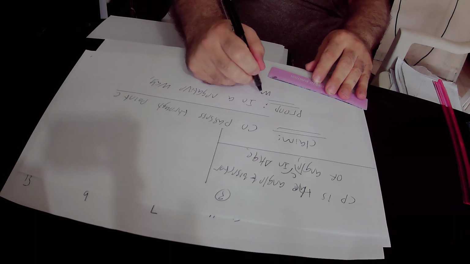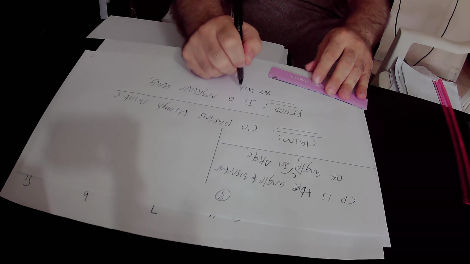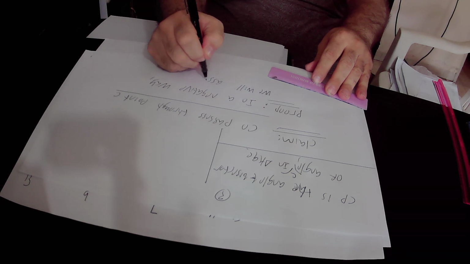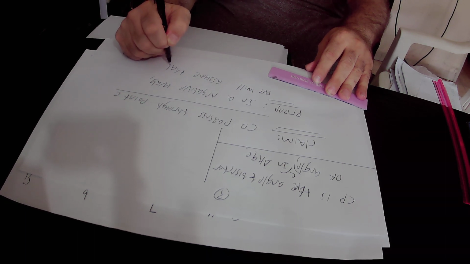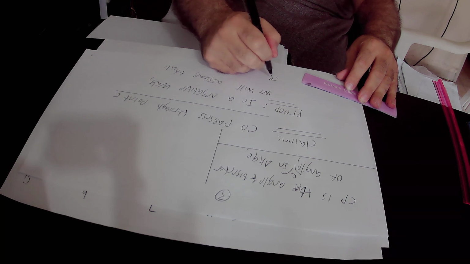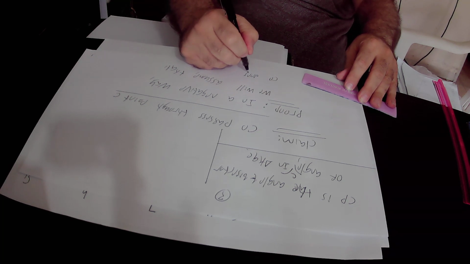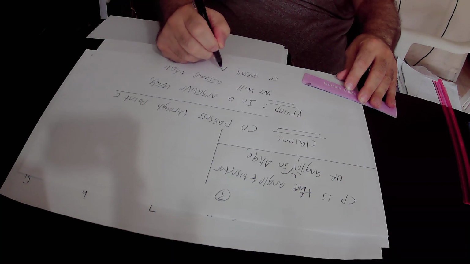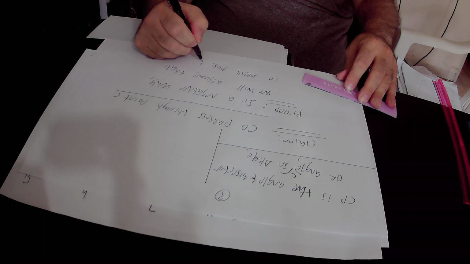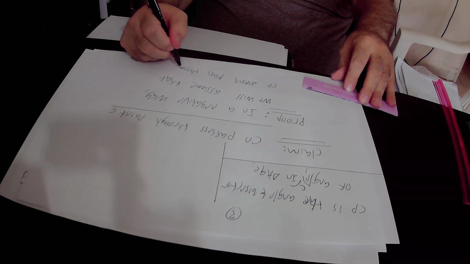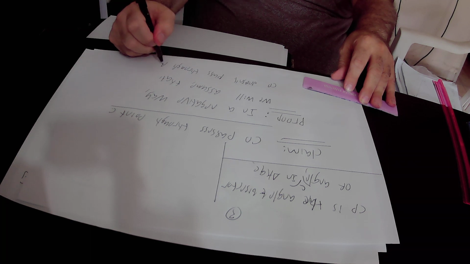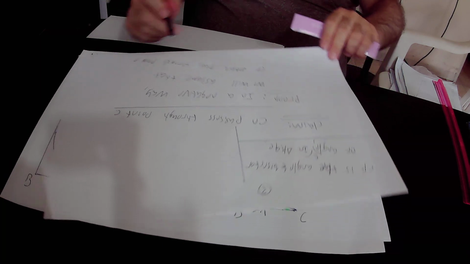We will assume that CO doesn't pass through point P. I'll repeat again.